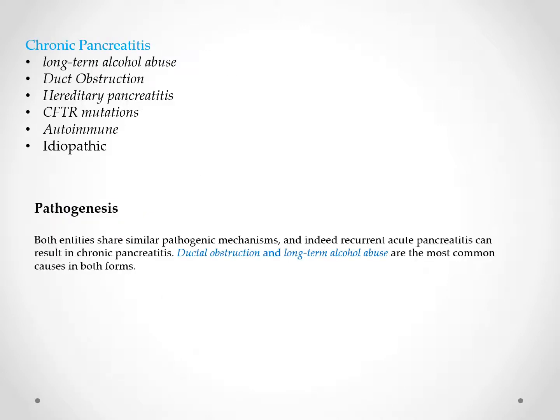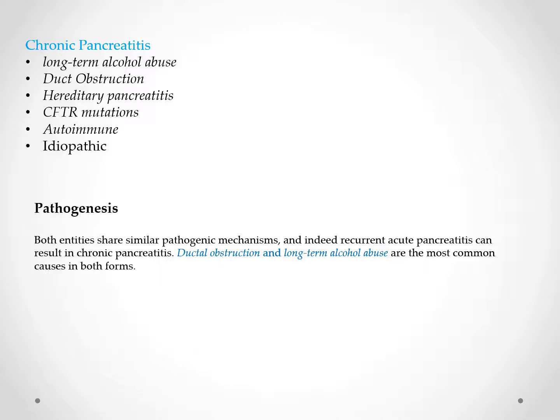Chronic pancreatitis again mostly comes from ductal obstruction, which comes from gallstones, or another type of obstruction due to a neoplasm or parasitic infection, and alcohol abuse is another important cause. Hereditary pancreatitis is due to mutation in the genes coding for pancreatic enzymes or their inhibitors, and mutation in the cystic fibrosis gene is another causative factor.